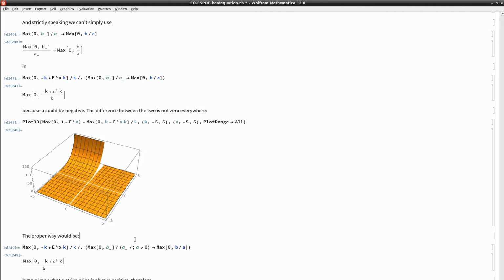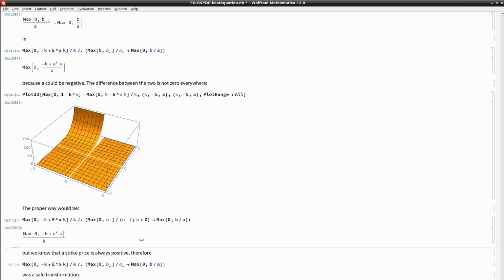And when we use Condition, we can now attach a true-false condition, A larger than 0. That can be true or false. But when we're asserting that with that condition, then we are declaring that A is supposed to be positive, and then we can apply this rule.